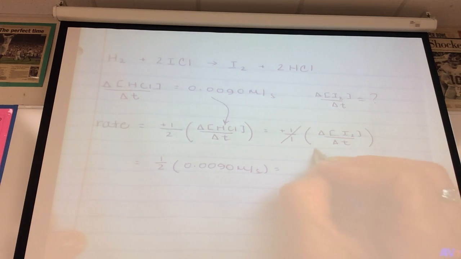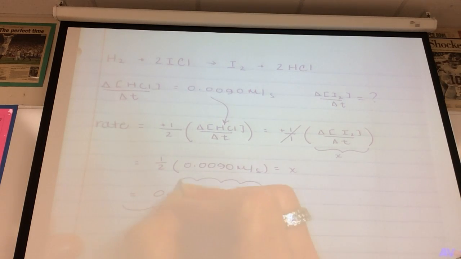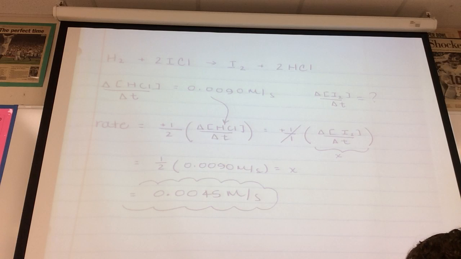That's 1. This is what I'm looking for. I'm going to call that X because it's easier. And that's going to be 0.0045 molar per second. That is the rate at which iodine appears. Okay?